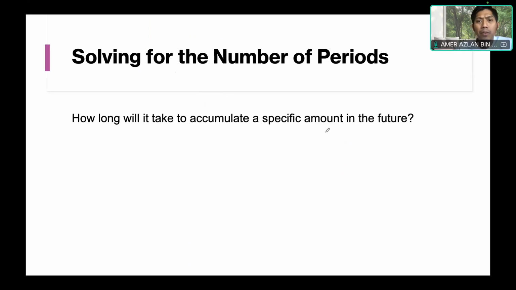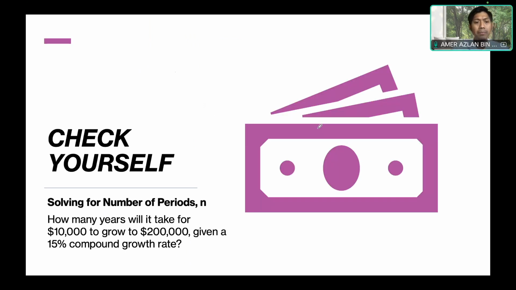Now, to solve for the number of periods, it means how long will it take to accumulate a specific amount in the future? For example, how many years will it take for $10,000 to grow to $200,000 given a 15% compound growth interest? If you draw a timeline here, you have money today worth $10,000.